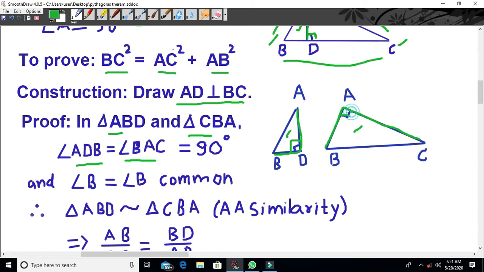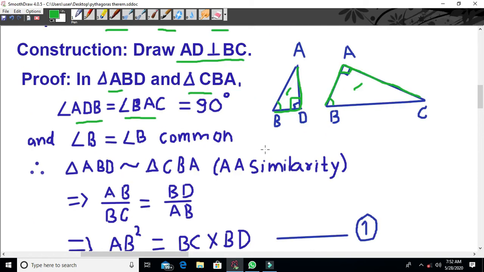And angle B is contained in both the triangles. This is B and this is B, so B is the common angle. In similarity we have learned, if any two angles are the same, then the two triangles are similar. This is called AA similarity, meaning triangle ABD and CBA are similar.